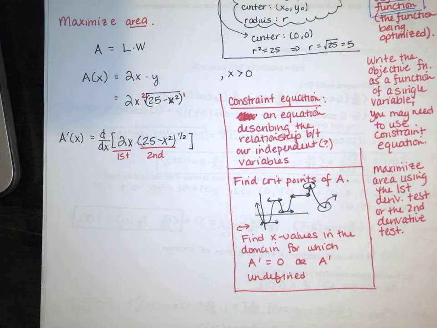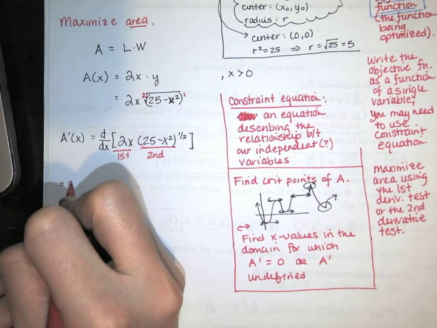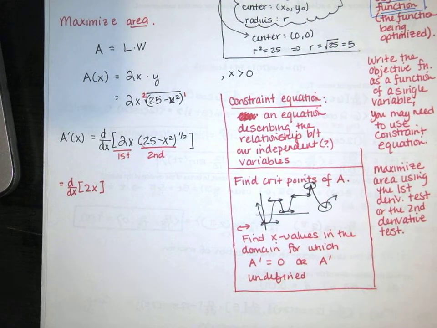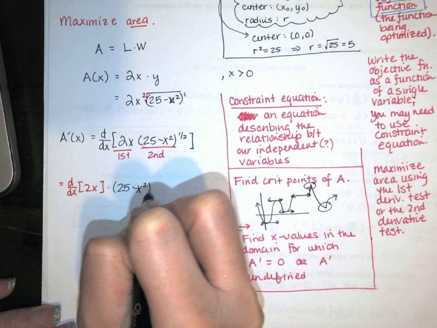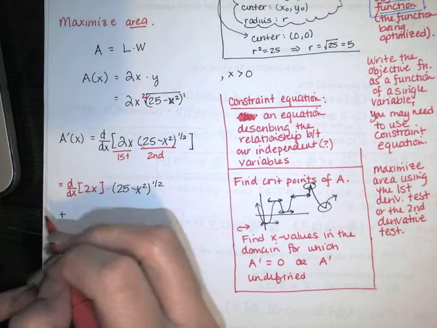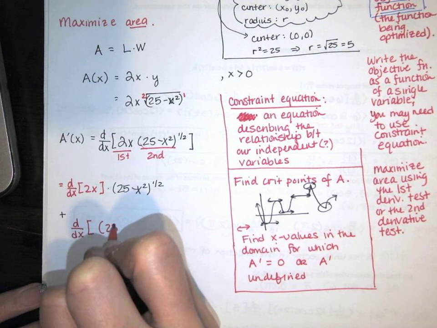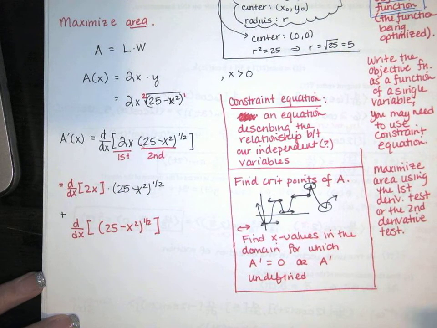Okay, product rule says, take the derivative of the first function and you multiply it by the second function, undifferentiated. You leave it alone. And then you add the derivative of the second function times the first function.